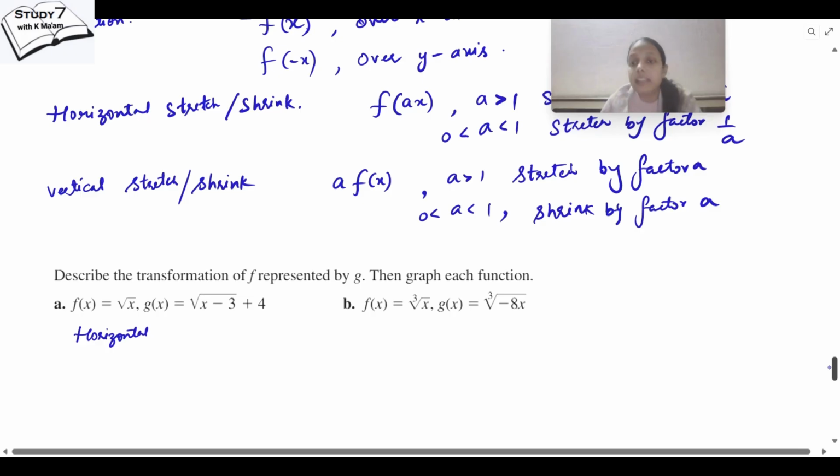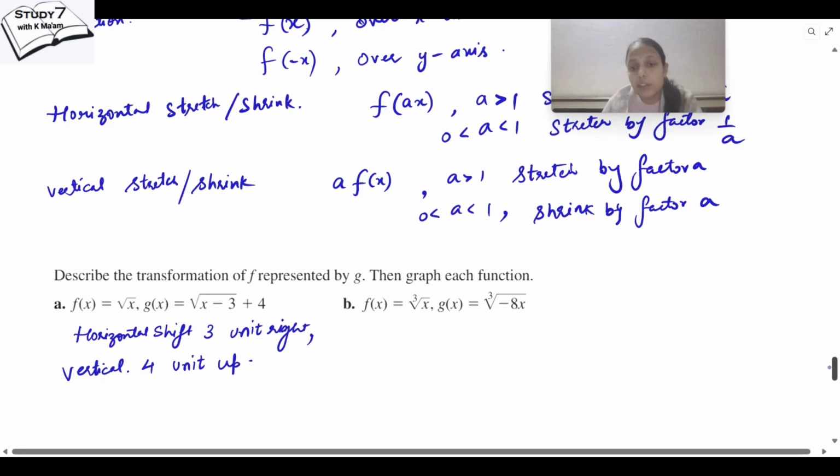If you subtract, it's a shift right. So it's a horizontal translation 3 units right. And then outside is a plus 4. It means a vertical translation 4 units up.